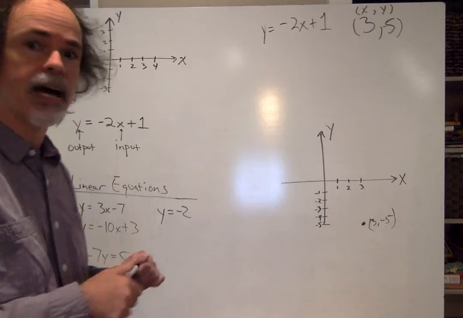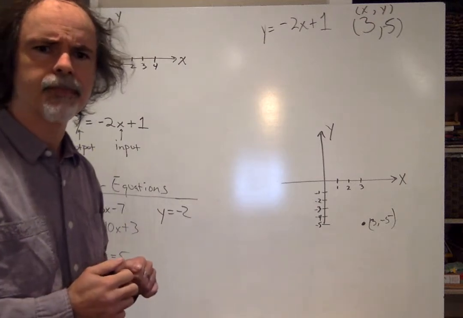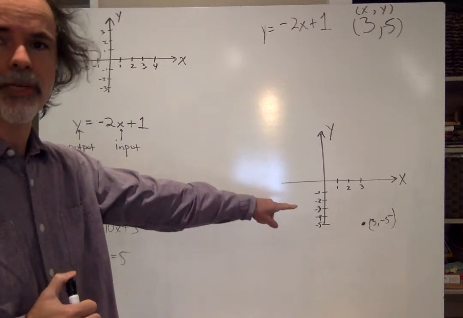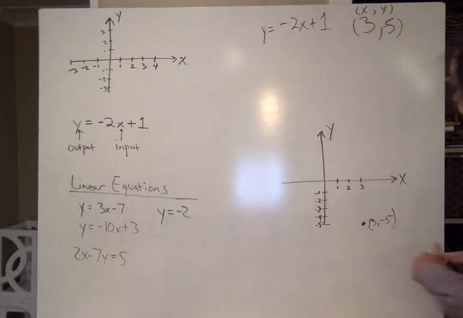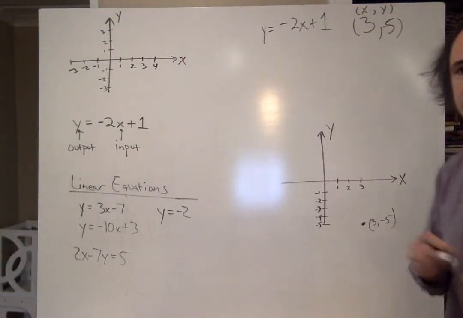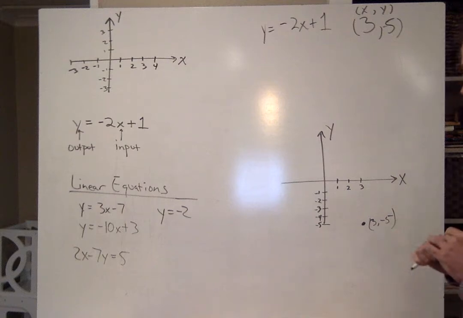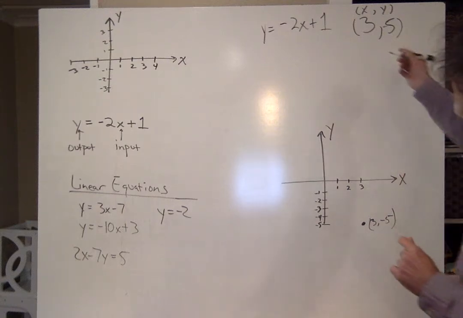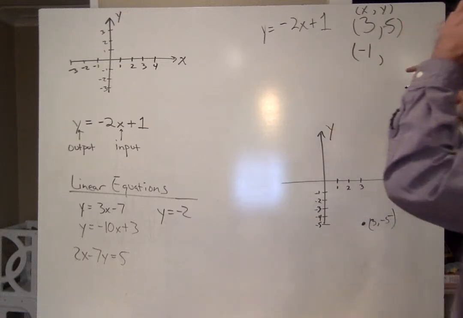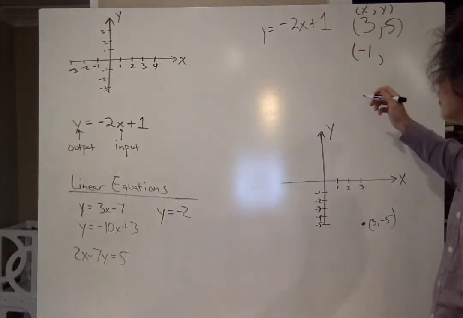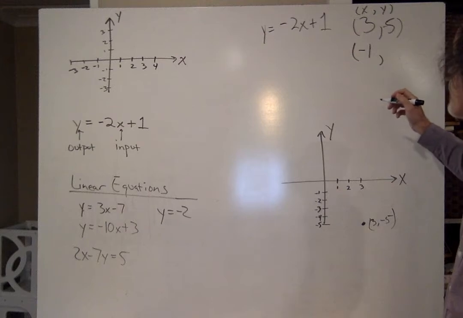So choose another x value to put in. Let's see. Kyler. Well, we already used 3, so we'll need a different x value. Give me a different x value this time, Kyler. Good, -1. All right. If x is -1, Kyler, tell me what y is going to be.